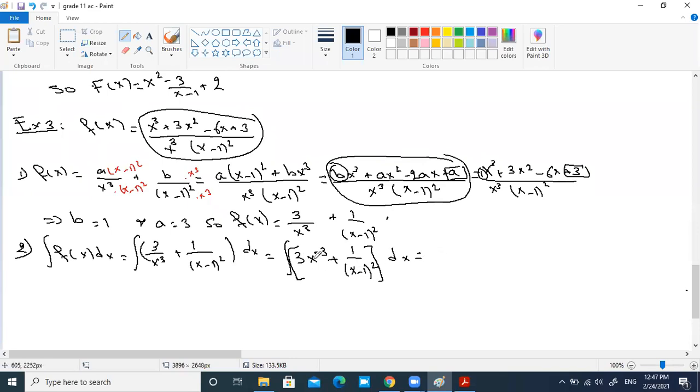Add 1 and divide: 3x power negative 2 over negative 2, and this minus 1 over x minus 1, plus constant c. Which is equal to negative 3 over 2x squared minus 1 over x minus 1 plus a constant c.